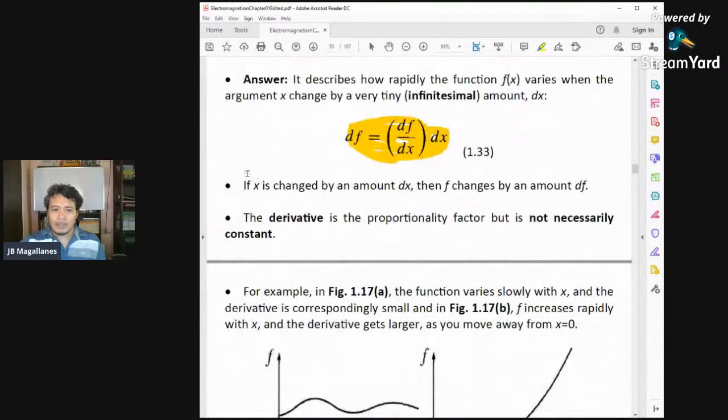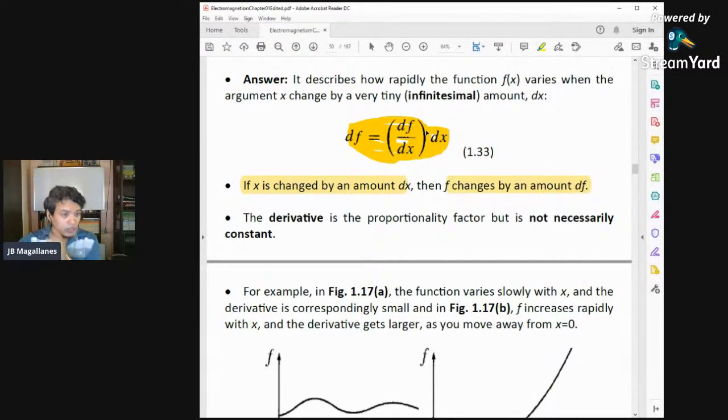So the derivative means if x is changed by an amount dx, a very tiny or infinitesimal amount, then f changes by an amount df. This is what the derivative is all about. The df over dx is also the slope of the tangent line to the curve represented by f.